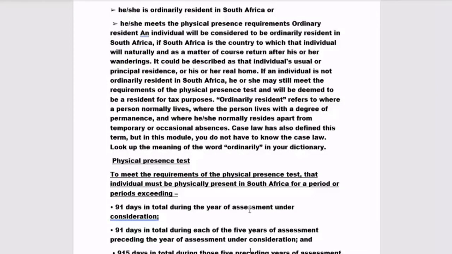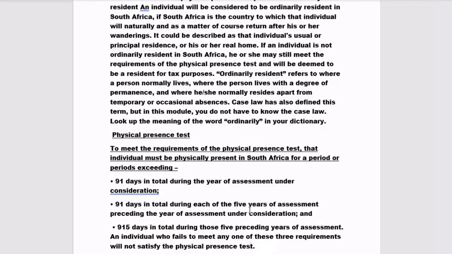It could be described as that individual's usual or principal residence, or his or her real home. If the individual is not ordinarily resident in the country, he or she may still meet the requirements of the physical presence test and will be deemed to be a resident for tax purposes.